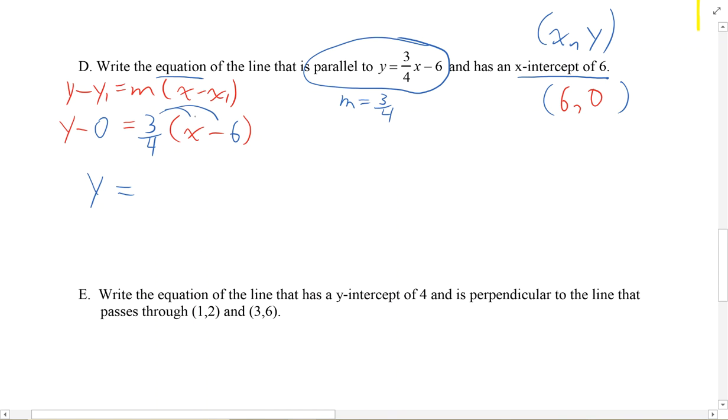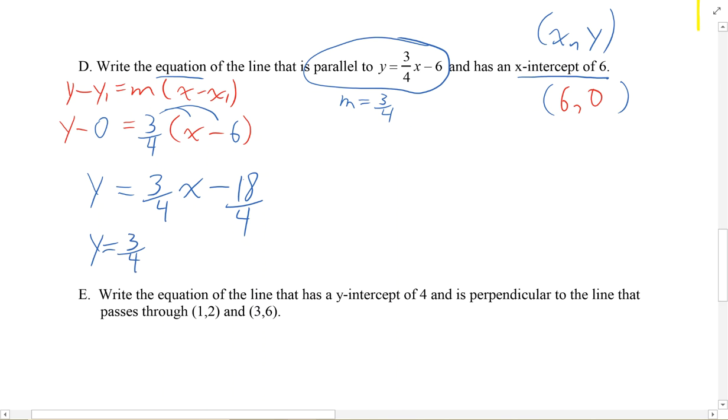Multiply in. Minus what? Don't simplify it yet. What's 3 times 6? We haven't touched the denominator at all, so we'll just leave it as 18 over 4. Now we can reduce.